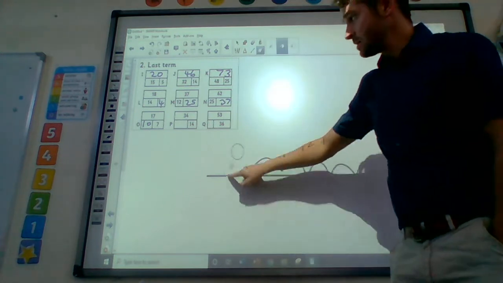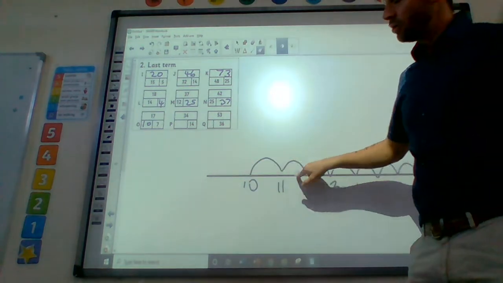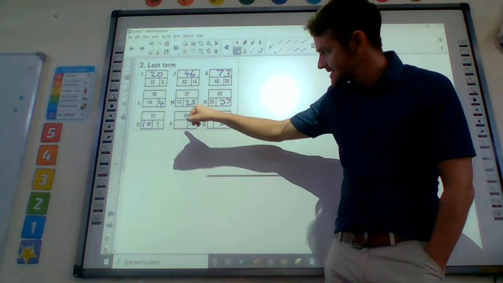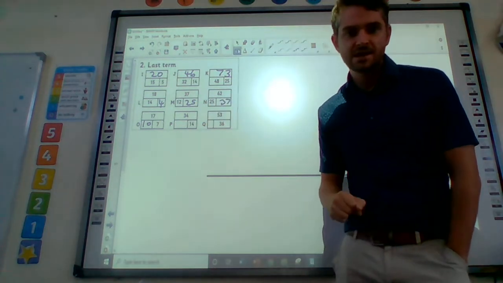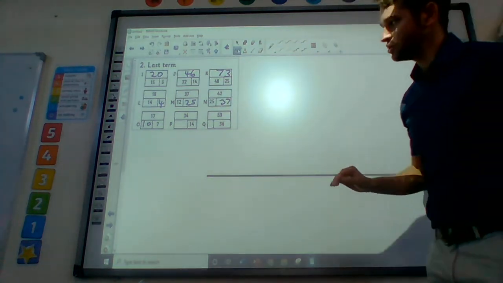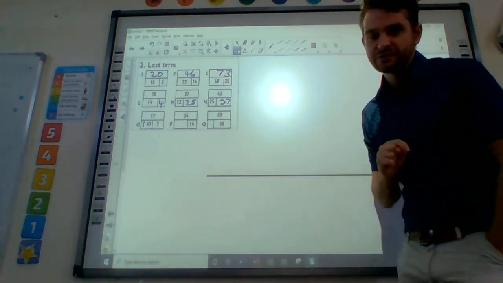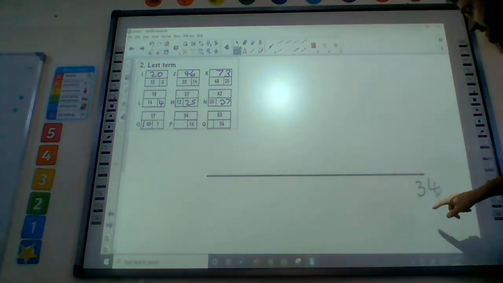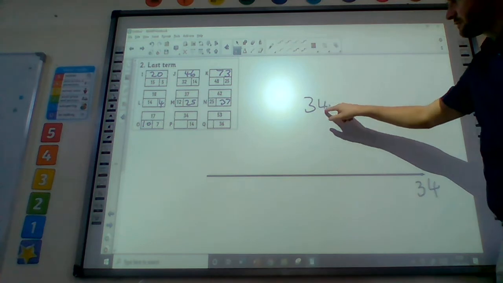The next one, P, you might also do this one in your head, because you can see only the tens change. But I'm going to do it in a number line just to make sure if I'm not really confident doing everything in my head. So we've got 34 and we're taking away 14.